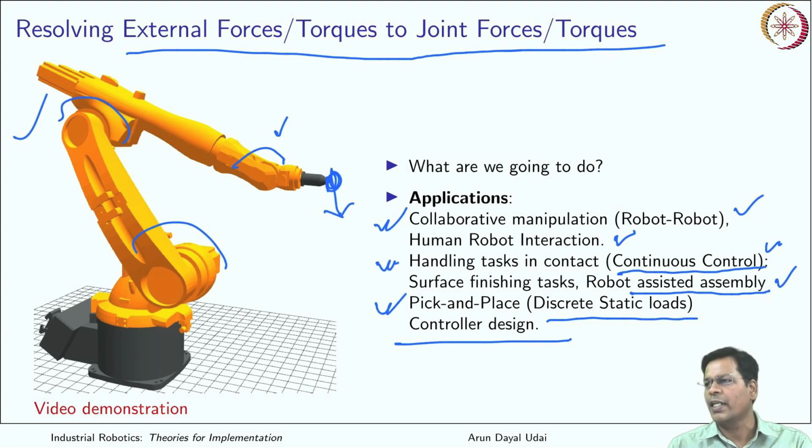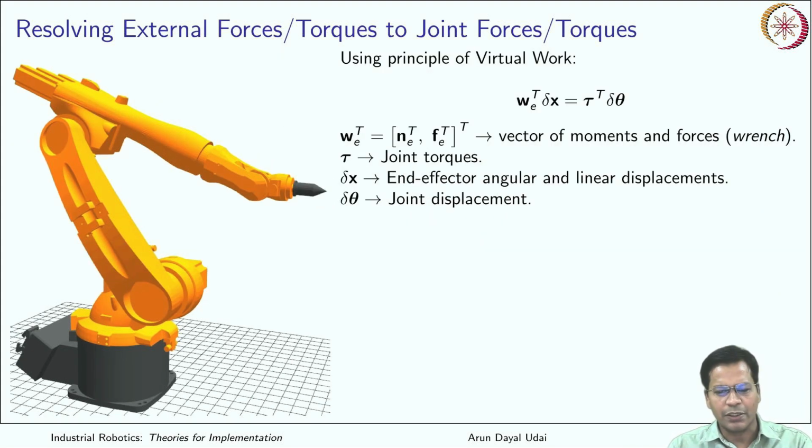So let us quickly analyze this kind of forces and torques. Yes, using the principle of virtual work, that is quite old stuff in engineering mechanics that you probably have done quite a number of times. Now we are applying the same thing to the robot also. So let me just introduce you to the terms which are here.